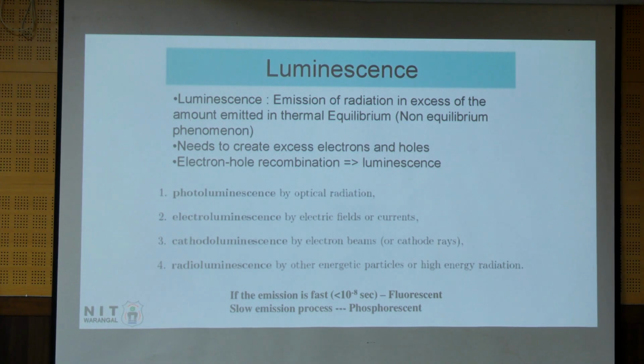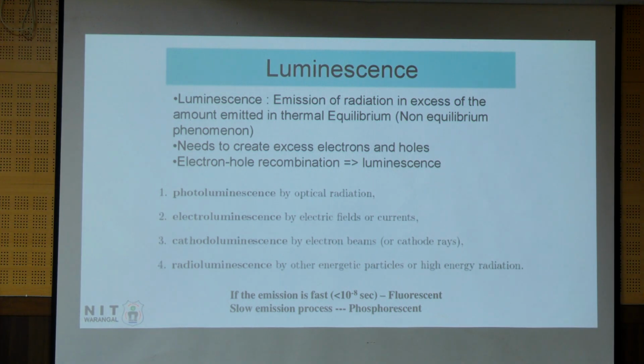For example, your mobile phones: you are providing energy through batteries and you have a display. That is electroluminescence, where material is coated from inside. So that is DC electroluminescence. Similarly, LEDs also come under electroluminescence. You are providing electricity as the excitation source and you are getting light output.